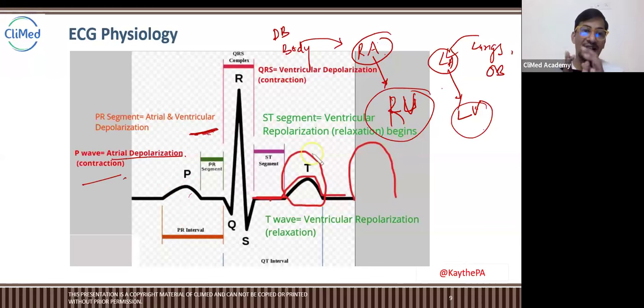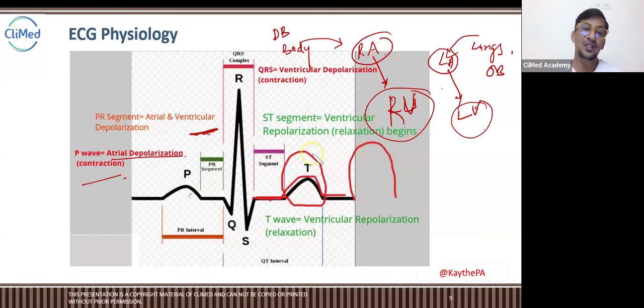It comes from the contraction to the regular action, and from the regular action it goes to the relaxation. This is a very small phase where all four chambers are coming back to normal. Here, the blood is going from the RA to the RV and the LA to the LV.